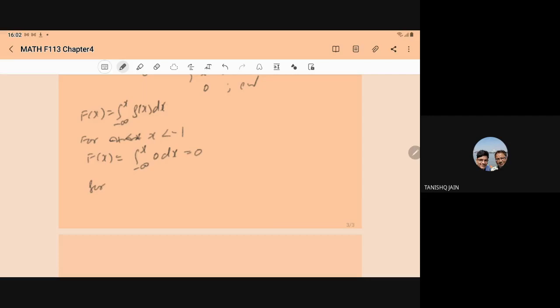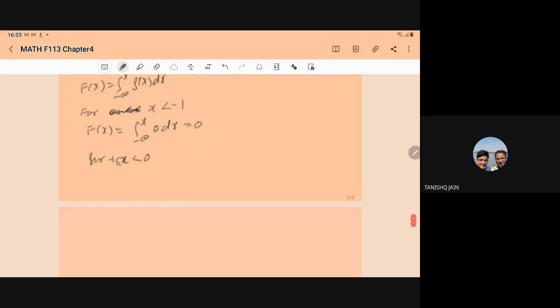I will tell you what will come here. For x greater than or equal to -1 but less than 0, F(x) will be the integral from minus infinity to x, which can be written as minus infinity to -1 plus -1 to x.